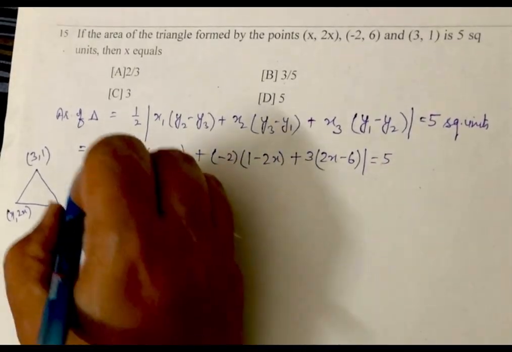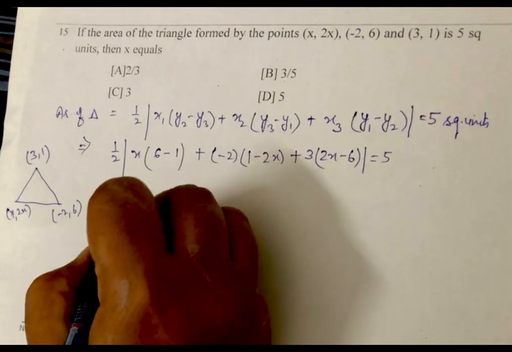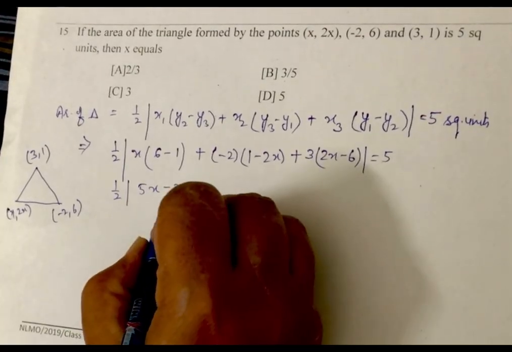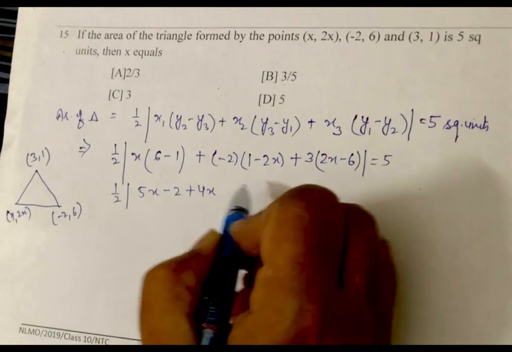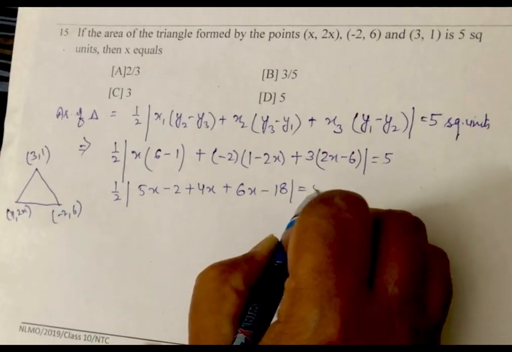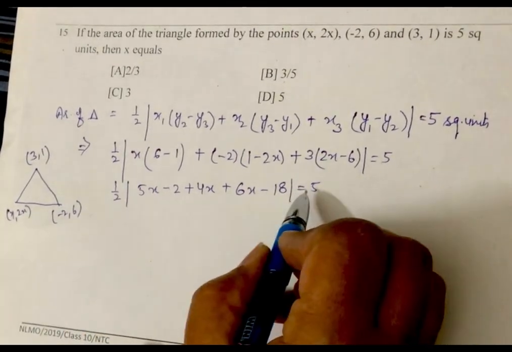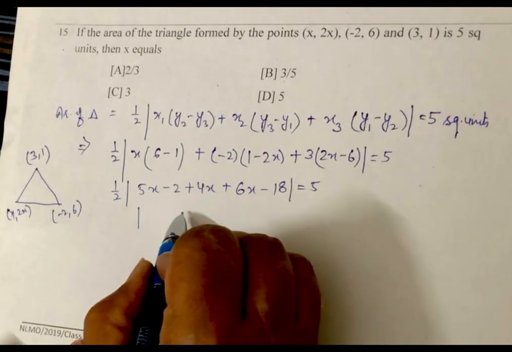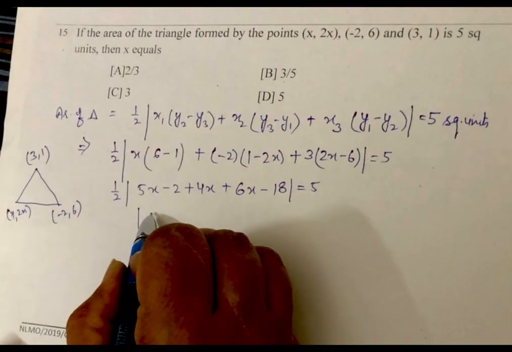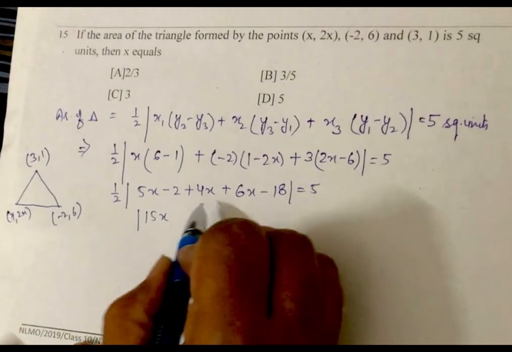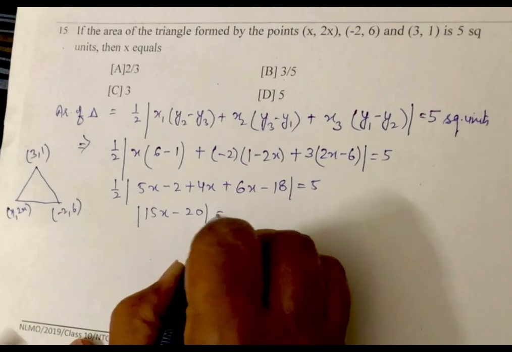So it becomes 1 by 2 modulus of 5x minus 2 plus 4x plus 6x minus 18 equal to 5. So take this 2 to the right hand side, and inside the modulus we have 9 plus 6, 15x minus 20 is equal to 10.